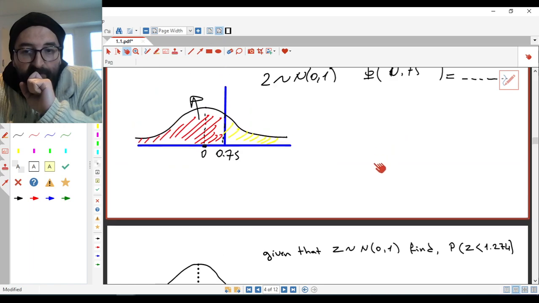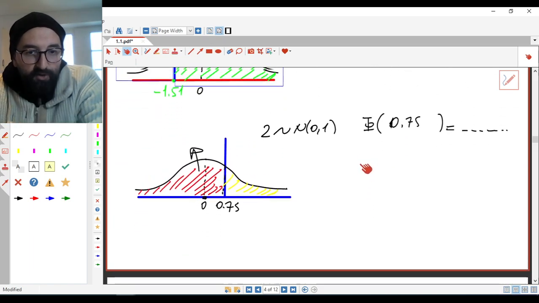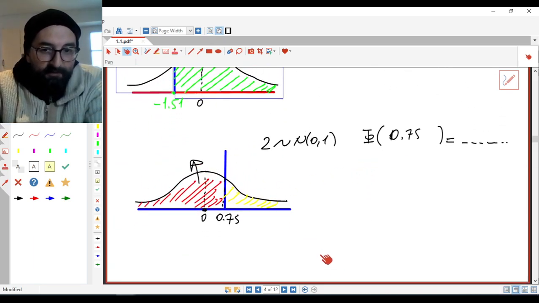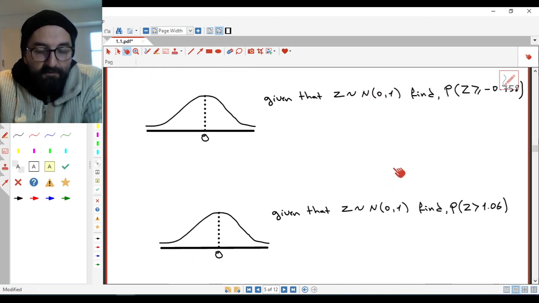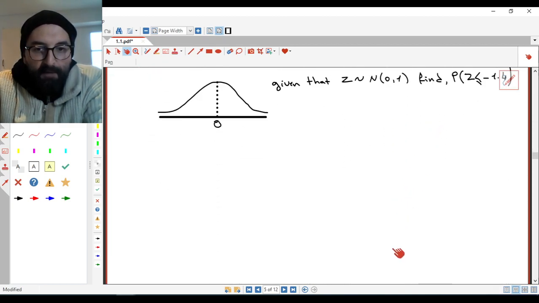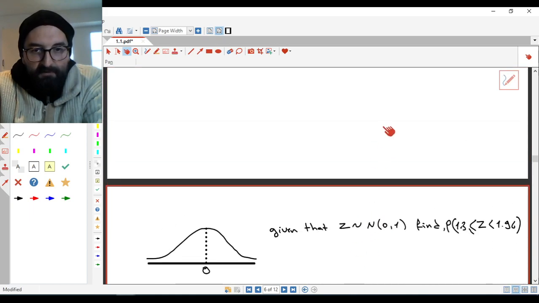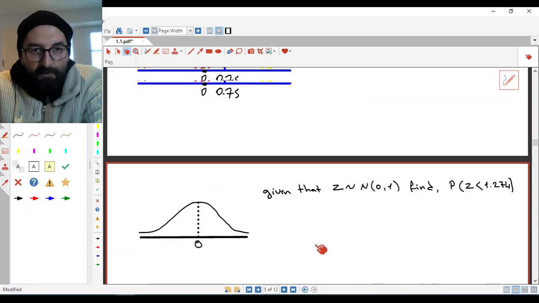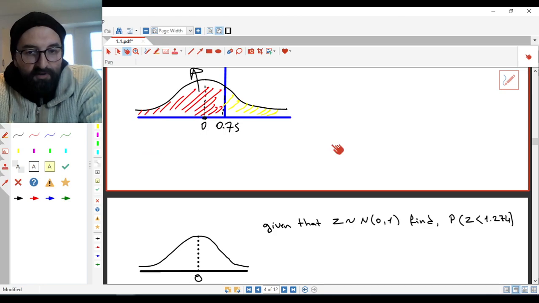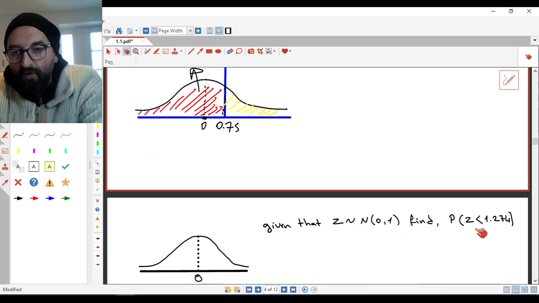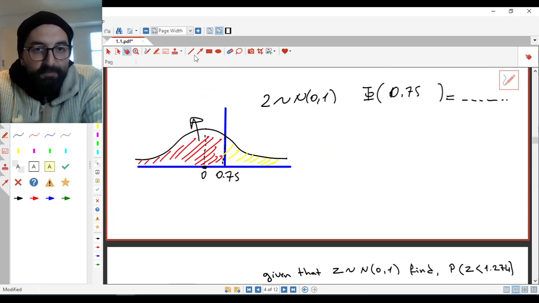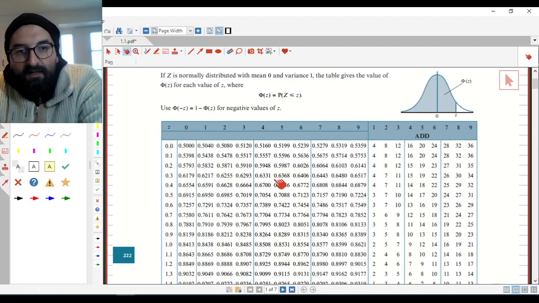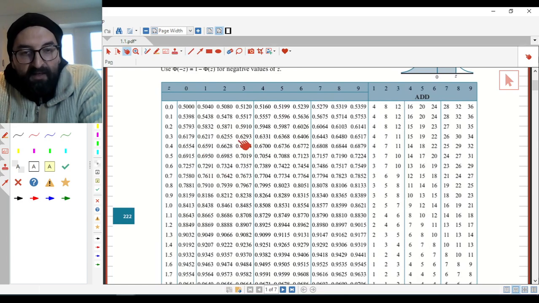Also, I want to tell you something about the Z table before we do some practice on finding probability. Please notice that in the Z table you don't see any negative values.